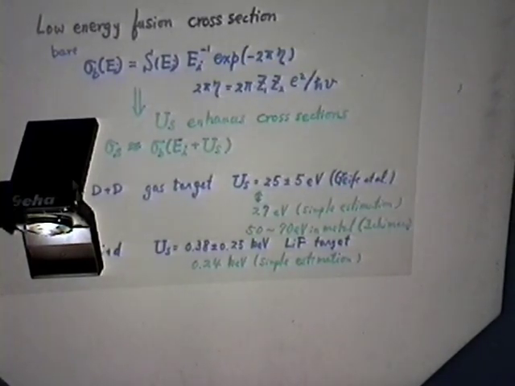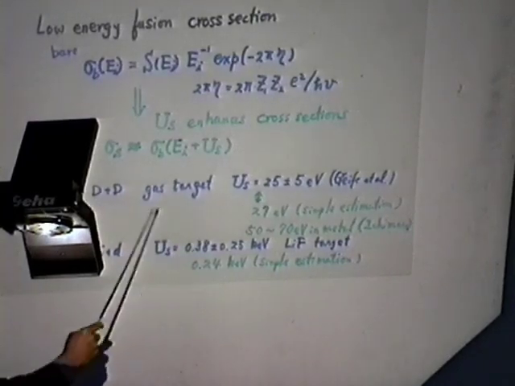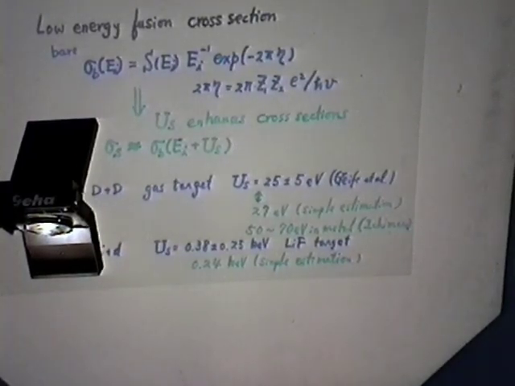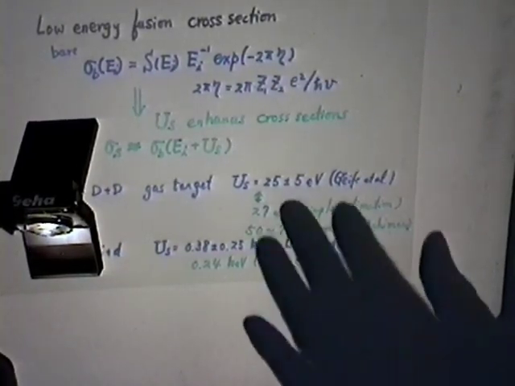The screening energy is around 0.38 keV in this case, which is measured with the lithium fluoride target. And a simple estimation gives us an energy of something like 0.24 keV. So these values are almost explained by just a simple screening by electrons.